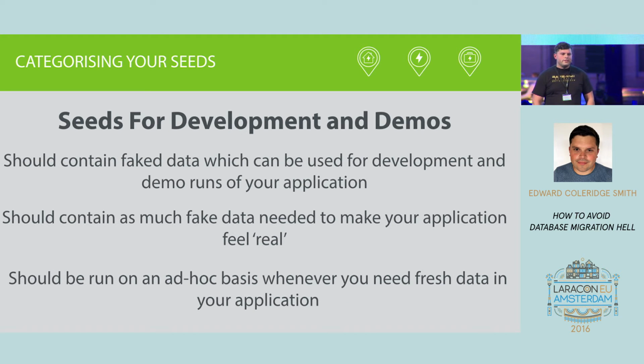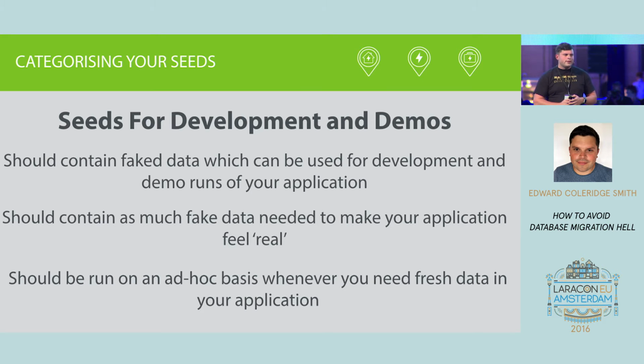And your seeds for development and demos, this should be as much data as you can possibly fit in, like hundreds of users or hundreds of products or anything like that, because you want your application to feel as real as possible, so that when somebody's using it and running through it, it feels real, but they're not looking at real data from real customers on their development machine, or when your sales team is doing a demo or something like that.